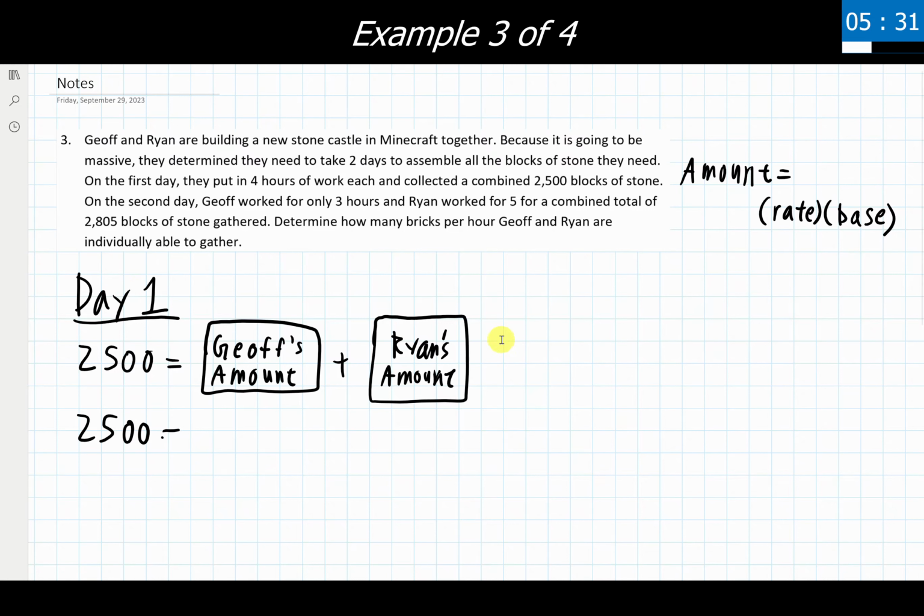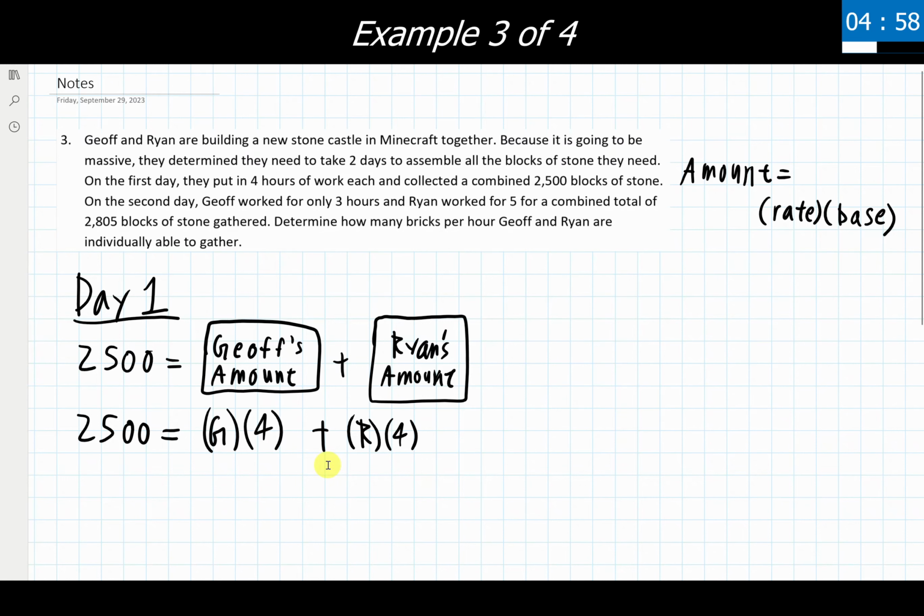I can say that of the 2,500 that was gathered, Jeff's amount was some rate, and I'm just going to label that as G for Jeff, and he worked for 4 hours that day. So Jeff's rate times 4 hours of work. Similarly, we don't know Ryan's rate, but we know that he also worked for 4 hours, so I'm going to have Ryan's rate, R, times the amount of hours he worked for. And this is the best that I can do with my first day of information.